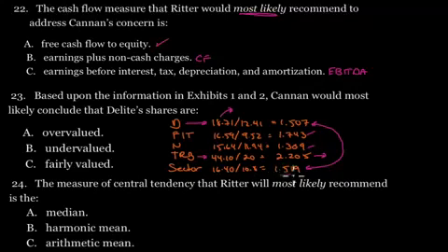But if the sector average is 1.519, Delight is 1.507, I think we conclude that Delight appears to be fairly valued relative to the sector. We can say that Tasty root beer seems to be relatively overvalued compared to the sector. Fit seems to be slightly overvalued, and N slightly undervalued. The measure of central tendency that Ritter would most likely recommend, we already mentioned it, is the harmonic mean.